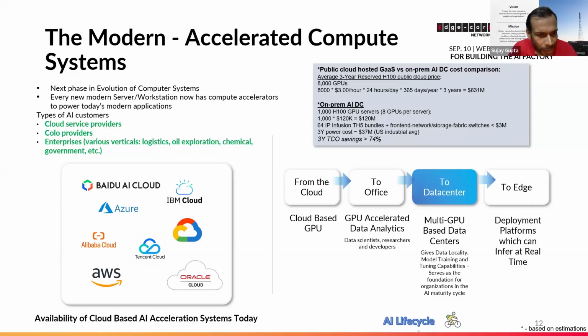But then there's an important phase which comes in, which is called the data center, right? So why is this very important? Because if you start running everything from the cloud, your entire capex, your entire opex keeps increasing over a few cycles. On the top, there's a small block which gives an estimation that if you run GPU as a service on the cloud versus on-prem, you may get about 74% savings when you migrate the entire load, the entire design, back to your own local data centers.